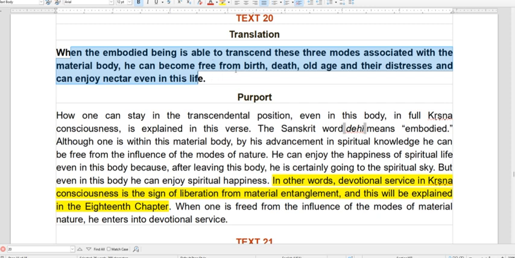So if one is able to overcome these three modes, then he becomes free from birth, old age, disease. That is moksha, and within this life only he starts enjoying nectar.